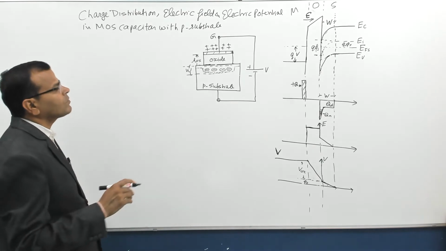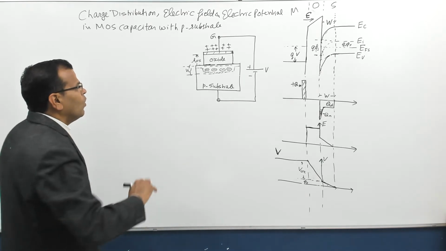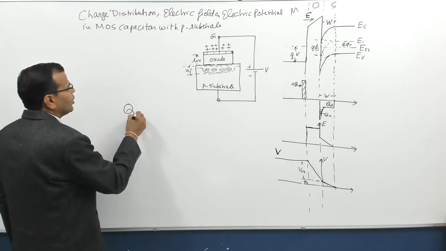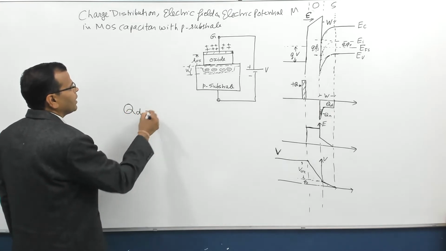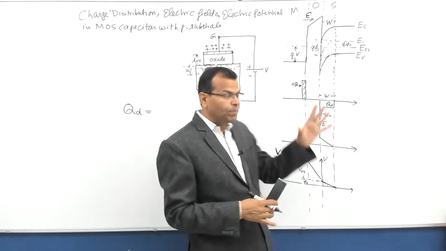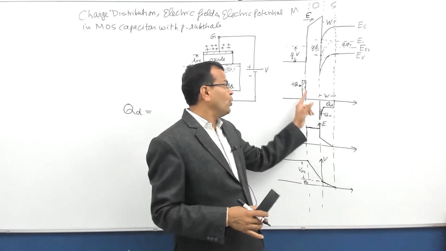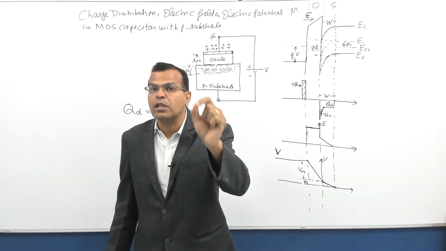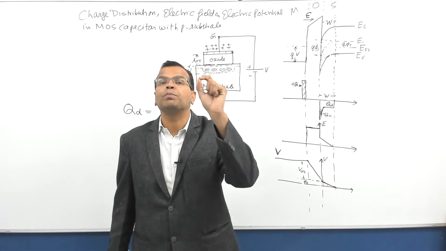Here, if you see, what is the total charge QD in the depletion layer? The charge in the depletion layer, and remember it is not charge, please let me correct. Q is not charge. In this case, Q is the charge density, that is charge per unit area.